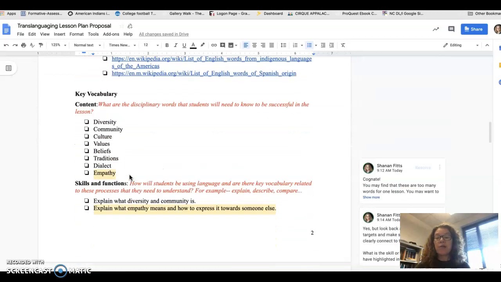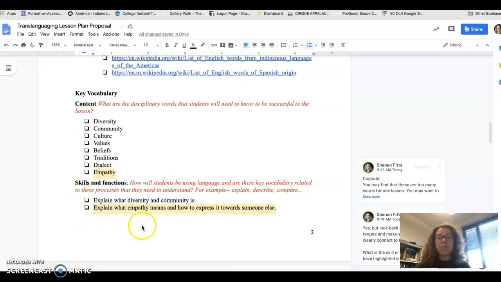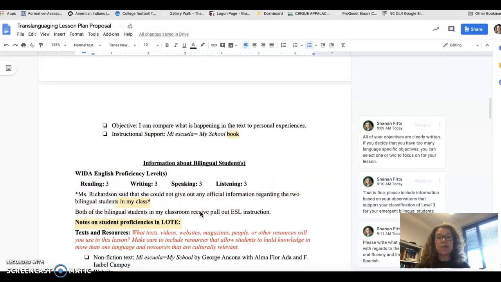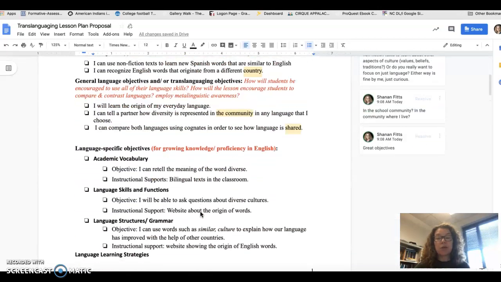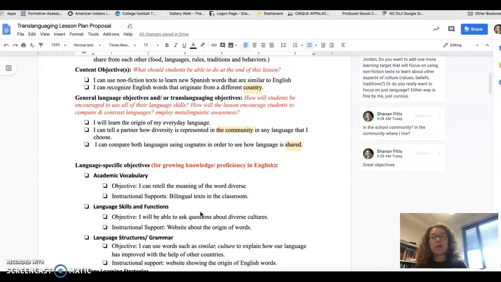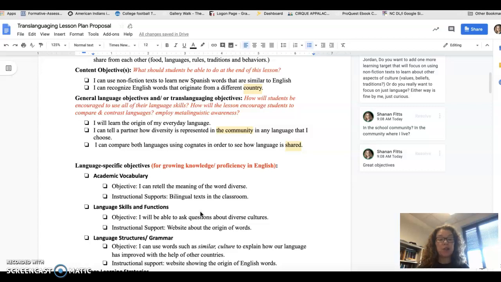When you're thinking about your vocabulary, this idea about empathy is great, but it's not really related to the objectives that you wrote. Your objectives are related to comparing and contrasting Spanish and English. So that's the skill that you're probably going to want to focus on, that comparing and contrasting part.